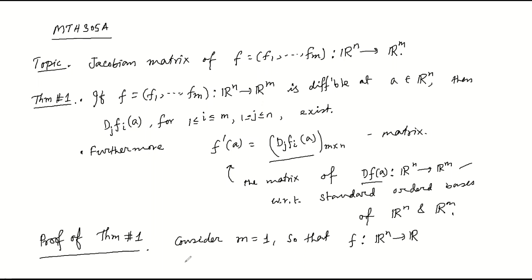To show that the jth partial derivative of f at a exists for j equal to 1 to n, and the Jacobian matrix of f at the point a is equal to (d1 f(a), and so on, dn f(a)), this is a 1 cross n matrix. So this is what we need to show.